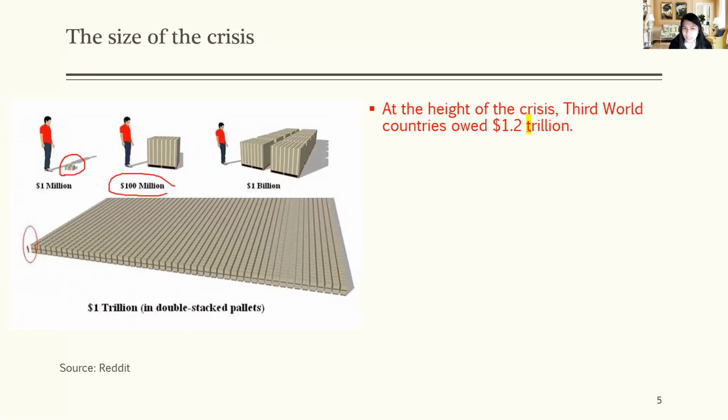If you got 100 million, you're looking at this picture here. And if you got a billion, this is where you are, right? So the third world countries were owing 1.2 trillion. And if you put it in cash, it kind of looks like this, okay? So as you can see, just from the picture, it's a big burden.